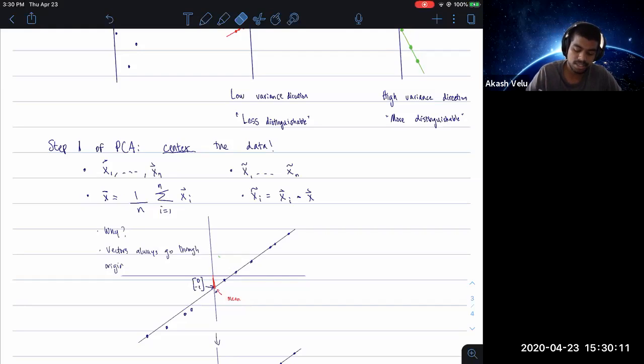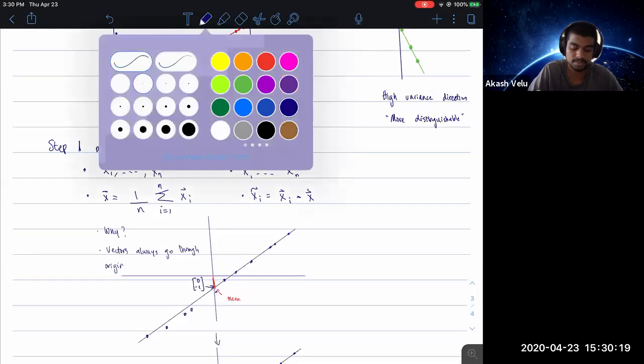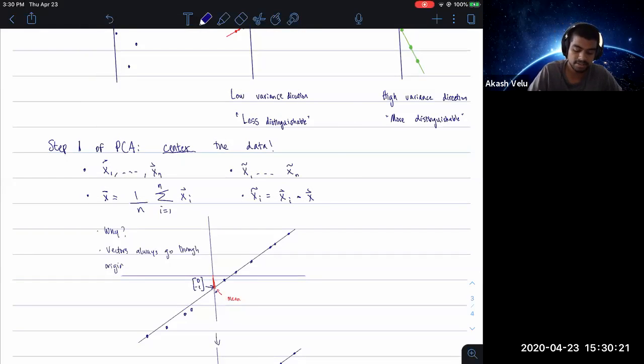However, if our mean is offset, so it's not 0, then it doesn't really make sense for a vector to represent the points at all, because the vectors must start at the origin, right? So if I were to choose a vector such as this one, well, it has no chance of really representing the points because the points don't even go through the origin, whereas any vector always does.